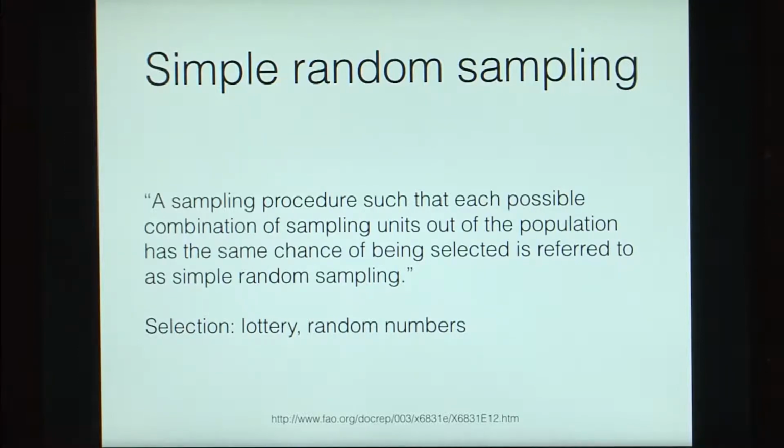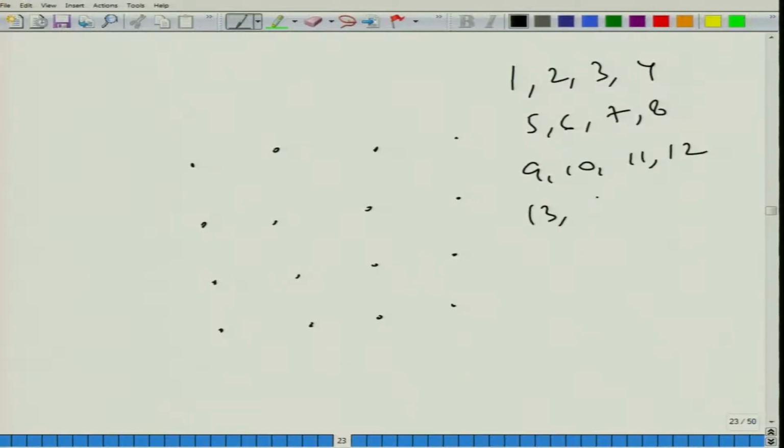So, what we are doing in this case is that we are defining all the units. Let us go for these 16 units: 1, 2, 3, 4, 5, 6, 7, 8, 9, 10, 11, 12, 13, 14, 15, 16.